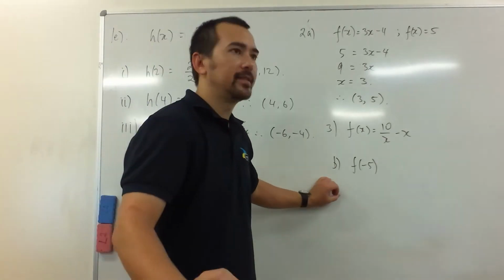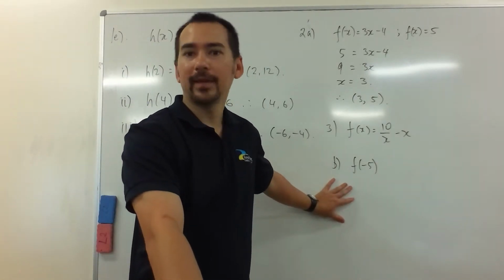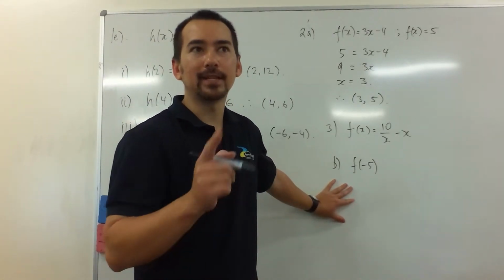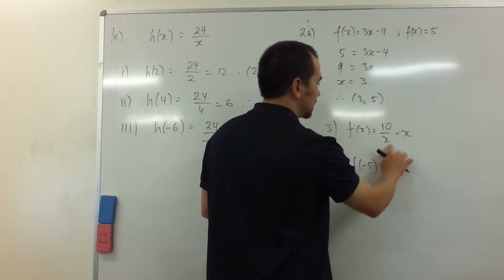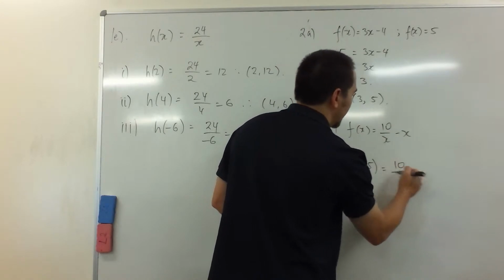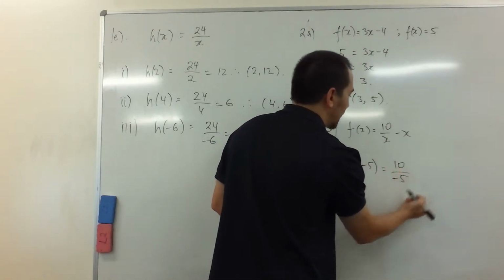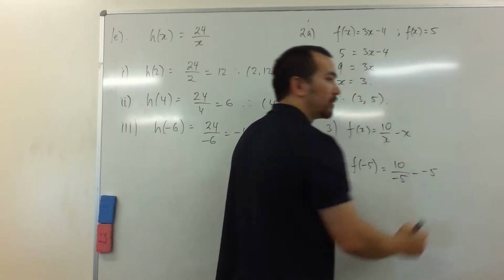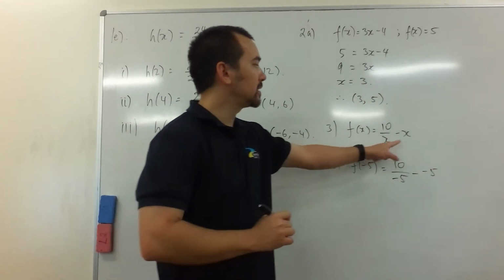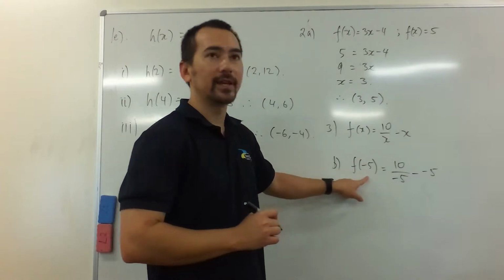Okay. This one you know how to do. However, I'm going to show it to you anyway because it's about to get trickier. All right. So instead of writing x's, we're going to write negative 5. Instead of 10 over x, we're going to write 10 over negative 5. Instead of writing take away x, we're going to write take away negative 5. Okay, so in other words, wherever there's an x, we're going to substitute a negative 5.